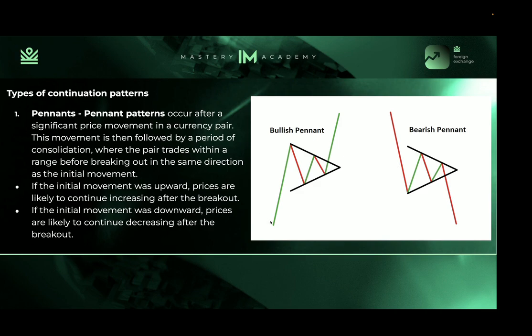So the green line starts the move, whereas the pattern pauses the move, but then we continue in that movement direction. If the initial movement was upwards, prices are likely to continue increasing after the breakout. If the initial move was downwards, price is more likely to continue decreasing after it breaks out of the pennant pattern.